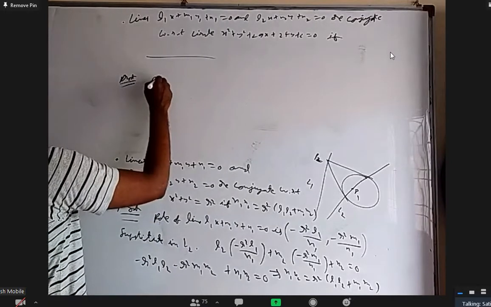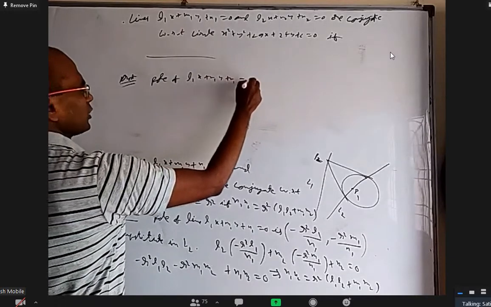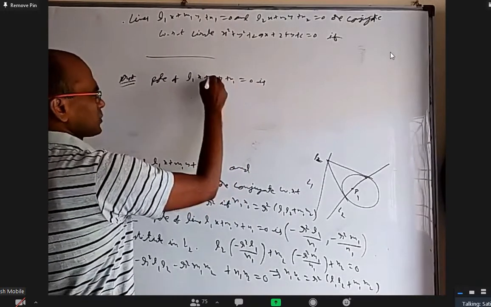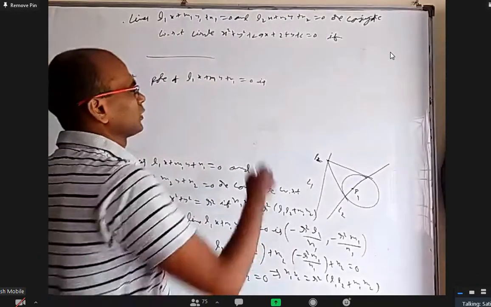What is the pole of L1x plus M1y plus N1 equal to 0 with respect to the given circle? Because here the center is not the origin, I think we have another formula.